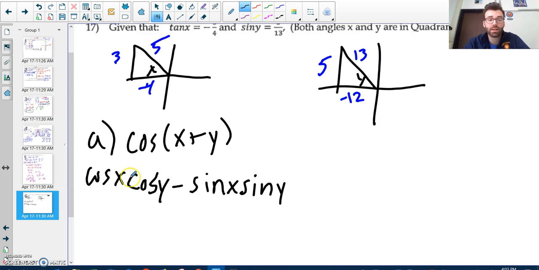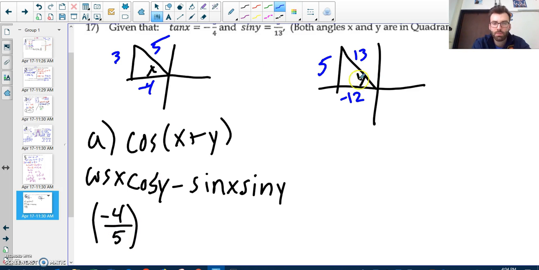So the cosine of x will go up to my x triangle with angle x here. Cosine is adjacent over hypotenuse, negative 4 over 5.